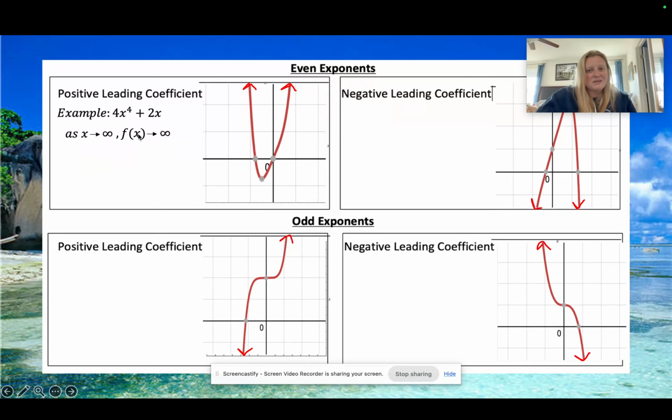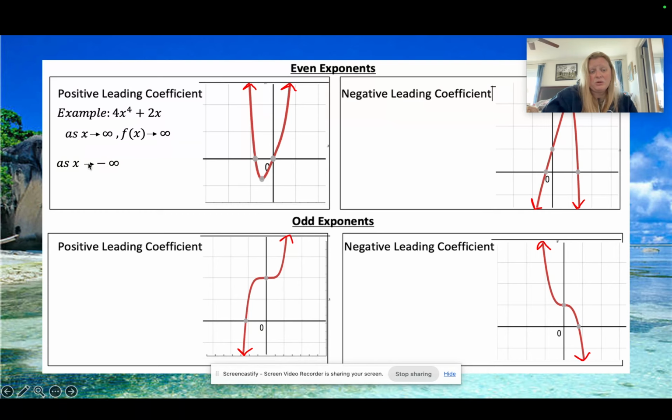Remember that f of x is the same thing as y, and y pertains to height. So it means the height is going up on the right side of the graph. If we look on the right side, the arrow is pointing up. That's what that means. Now we covered the right side, we have to also cover the left side. Instead of infinity, you would say negative infinity, and that means the left side of the graph.